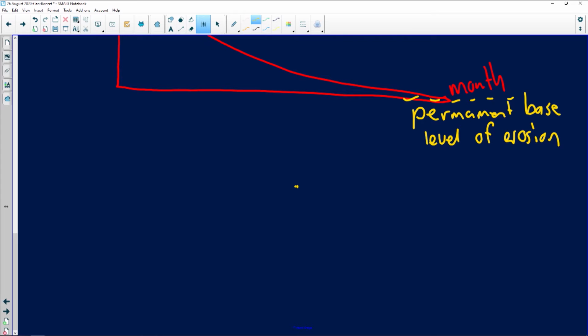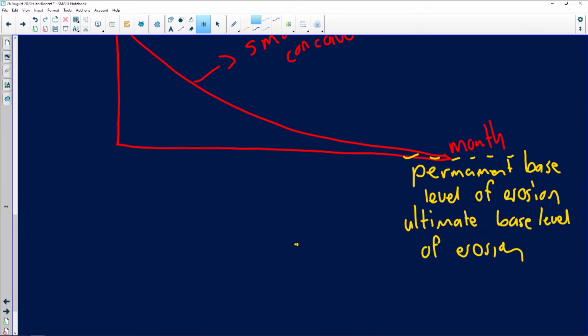We also refer to it as ultimate base level of erosion. What is permanent or ultimate base level of erosion? It simply means the river can't erode any further than the mouth where it flows into the ocean. It's impossible. It's a very smooth concave shape from the source to the mouth, and we only experience permanent base level of erosion.